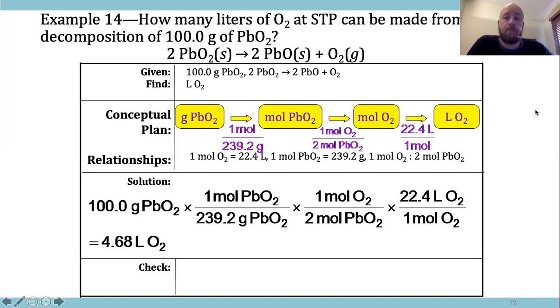Questions on this so far? The stoichiometry should be relatively not much different than what you're doing right now. If you're feeling confident with the stoichiometry for chapter 7, this is not changing much of anything.